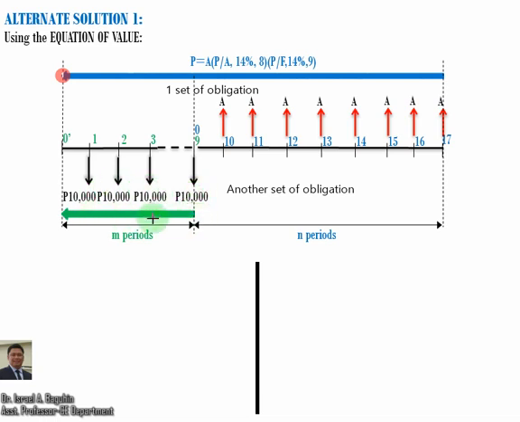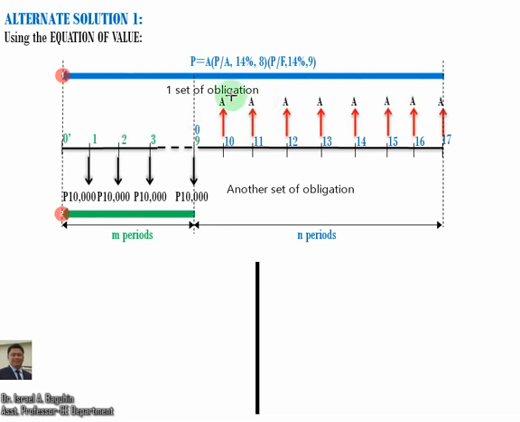So in this one, we are going to consider the value of our P until this point here. So we will assign this one as our point 2. So after getting the principal amount at this point 2, in which we will denote this one as P2 and this one as P1, we will equate, because according to this equation of value, we have to equate P1 is just equal now to P2 here, and then we can subsequently get the value of our annuity A.